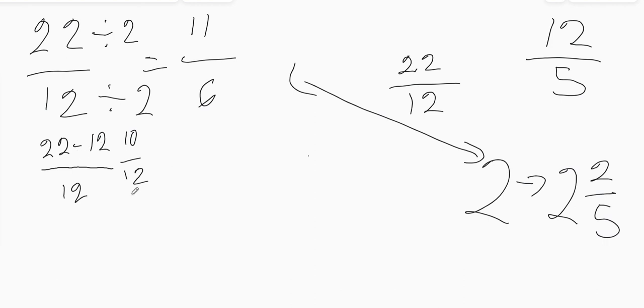Now that means that you're going to have subsequently 1 12 over 12, which is 1. So 12 over 12 equals 1. And that would give you 1 and 10 over 12.